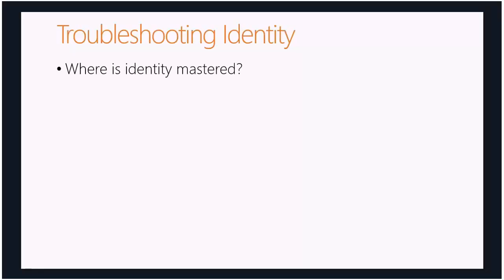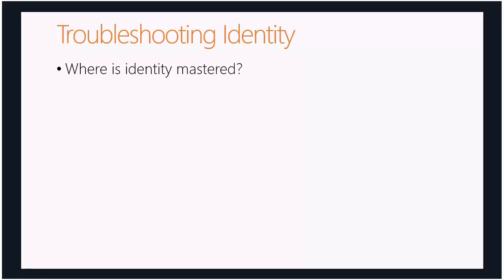So with any Office 365 tenant that you have set up, and maybe you've taken over, or you're evaluating, or you're helping a customer to troubleshoot, first question to ask is, where is the identity mastered? Is it mastered in the cloud? Is it a synchronized model, which means that identity is mastered on the local domain controller and then copied up to Office 365?